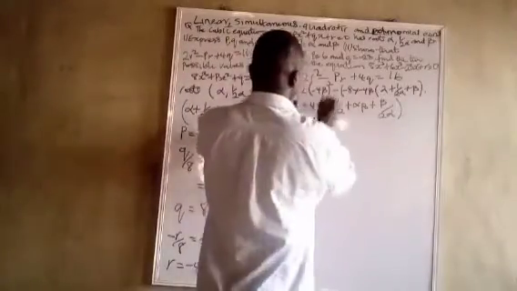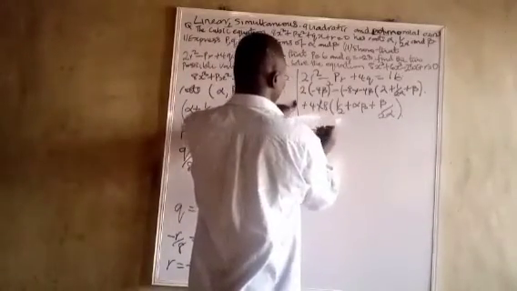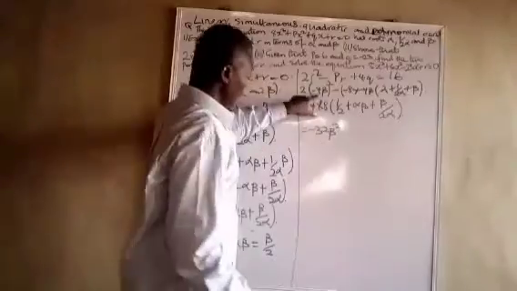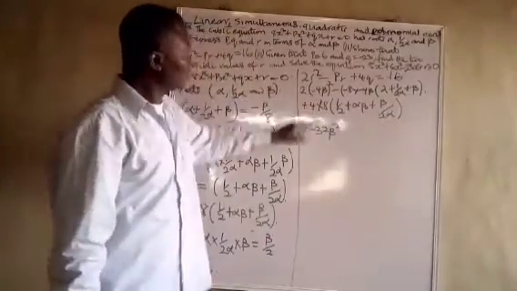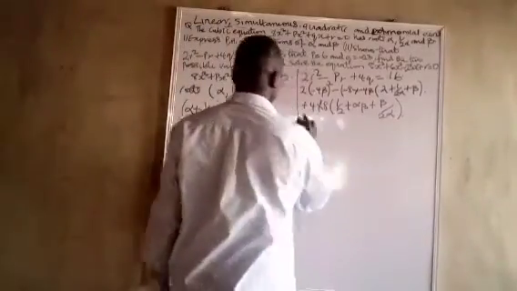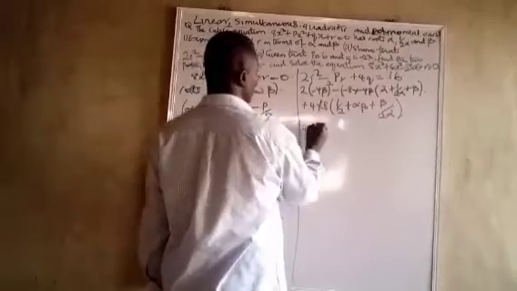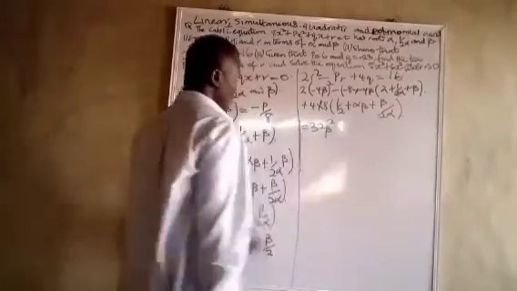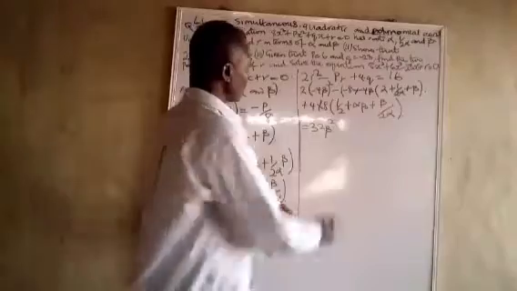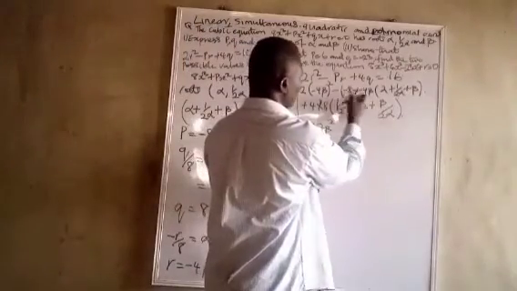This one is giving me 32 beta squared. Please take note, 32 beta squared. This one, minus times minus, positive.